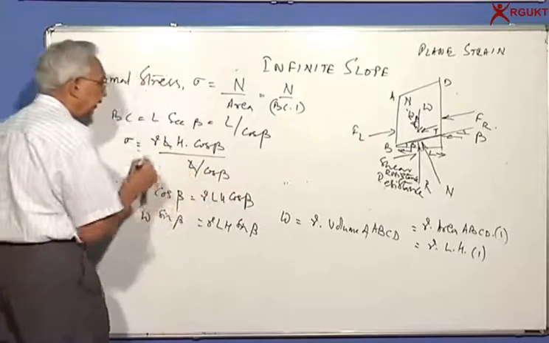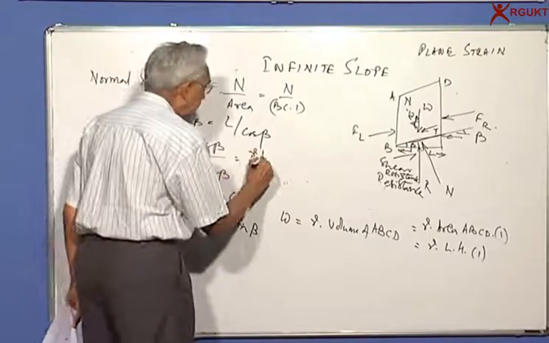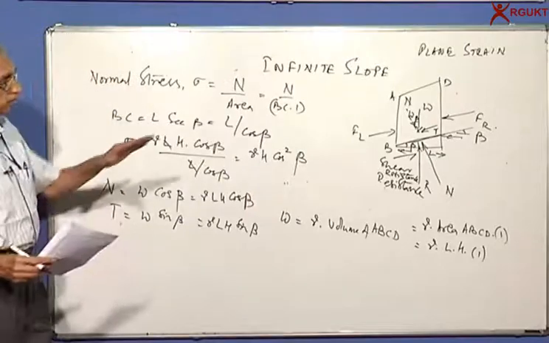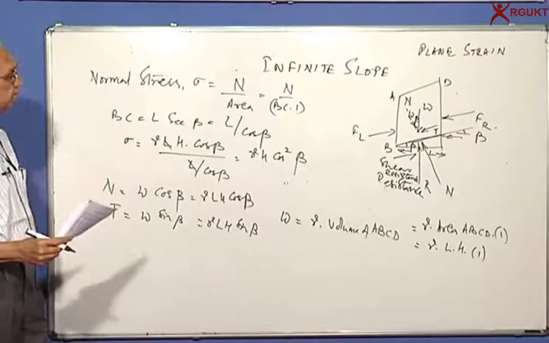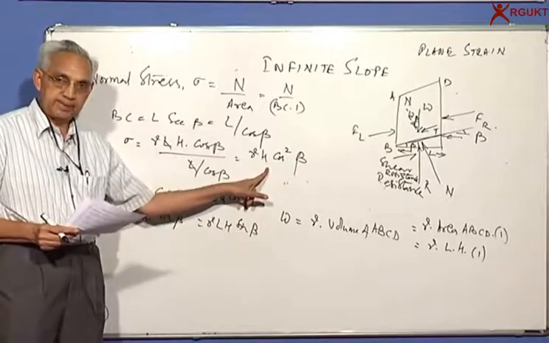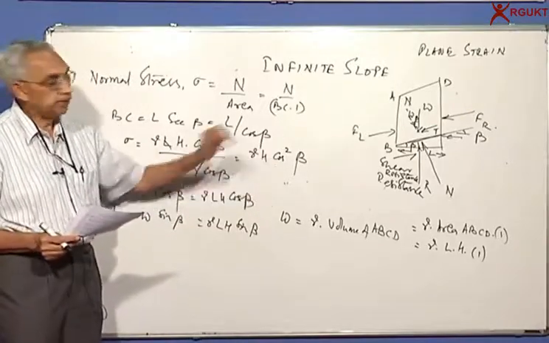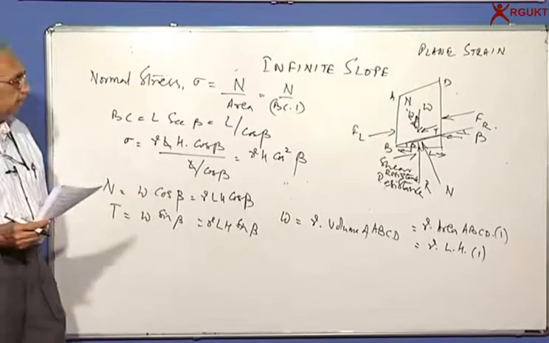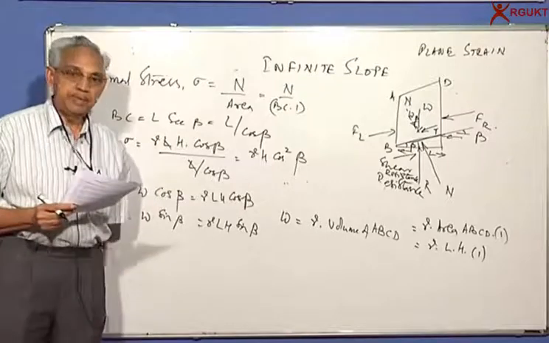Cancel L, you will get gamma H cos square beta. So the normal stress on the plane BC is equal to unit weight gamma times the height or thickness of the soil layer above the rock surface, or whatever interface you have there, multiplied by cos square beta.